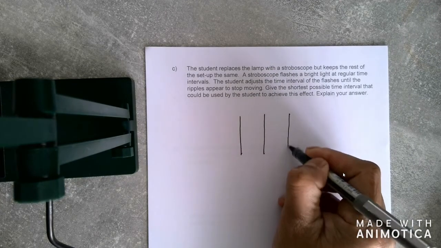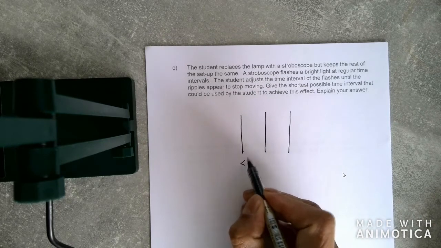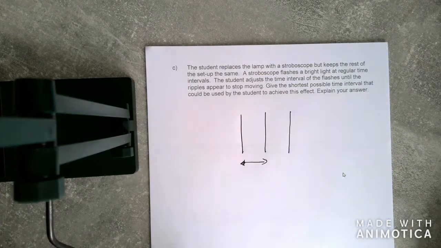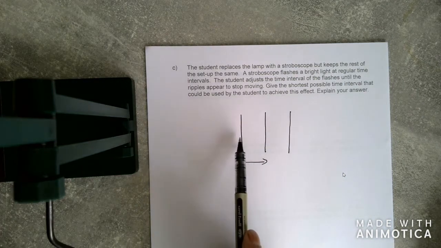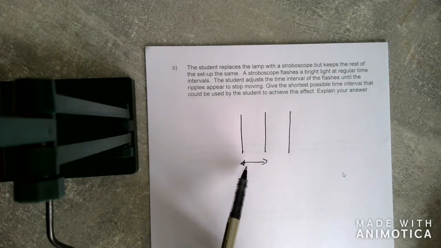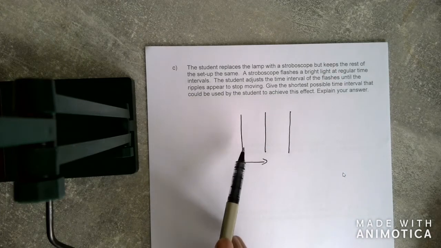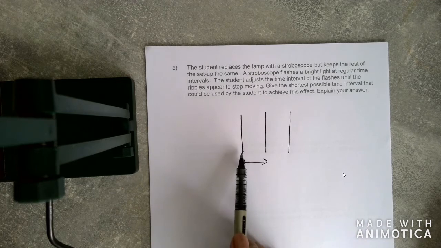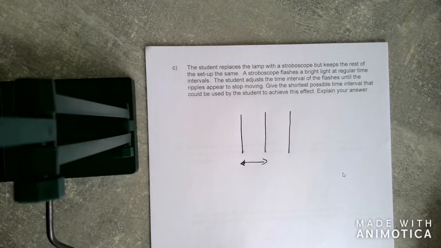If we consider our shadow lines, and this shadow line will be moving in that direction, and if the time taken for this wave to move from here to here is equal to the time taken for the light to flash, so it flashes here and then it flashes again, if the time in between the flashes is equal to the time it takes this shadow line to travel to that point, then the wave pattern will appear to be stationary.